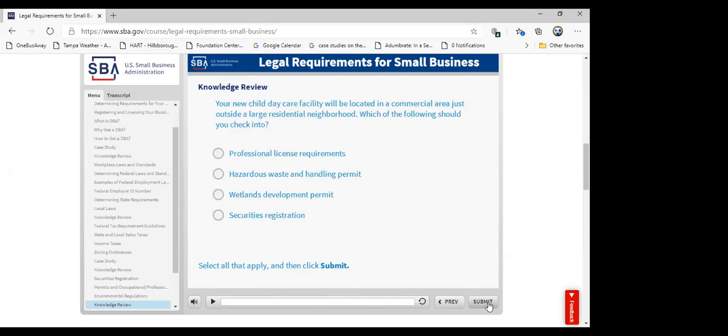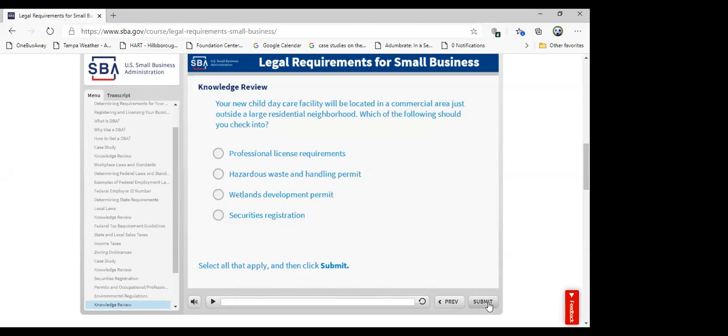Oh, man. What do you think? Let's talk it through. Most child daycare facilities will be located in a commercial area just outside a large residential neighborhood. Which of the following should be checked? Professional license, they should already have that. Okay, you say no to professional license? I say B. Somebody saying B. Okay, let's hold that.